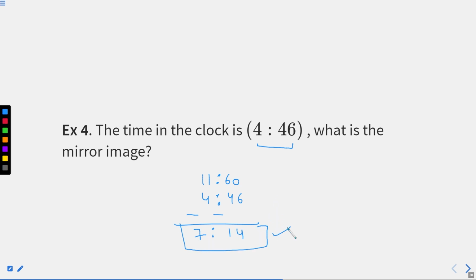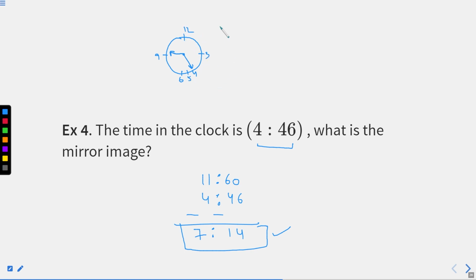Simply you'll get this answer, but I'll tell you another approach as well, because you are going to appear in an exam. For that you must be aware of at least 2 approaches, right? So if you make a clock here, this is the center, this is somewhere around 46, this is somewhere around 4, this is somewhere around 9, this is somewhere around 6, 5 and 3 and 12, right?